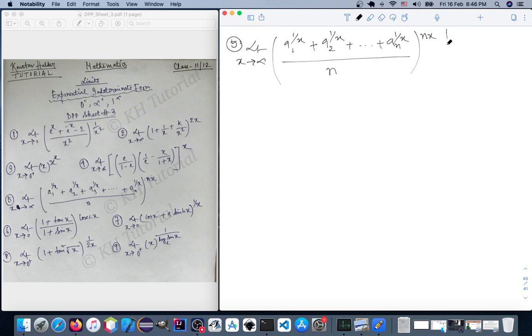Just to check that out, we see that all the terms in the numerator of the f(x), that is ai to the 1 by x, are tending to ai to the 0, because x tending to infinity means 1 by x tending to 0. So this is tending to 1.